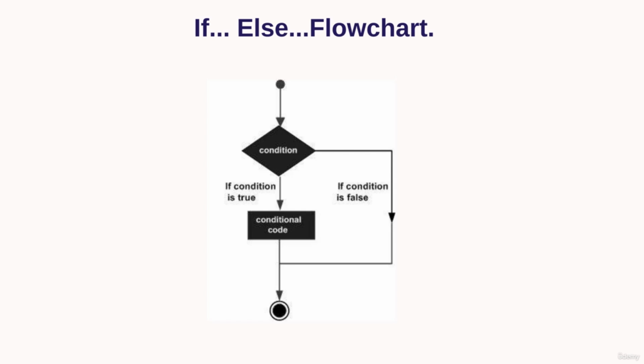You can also check multiple conditions using else if, meaning if the first condition is false, you can proceed with the second condition, and the else if condition will only be compared when the first condition is false. So let's see practically how we can implement else if and if statements all together.